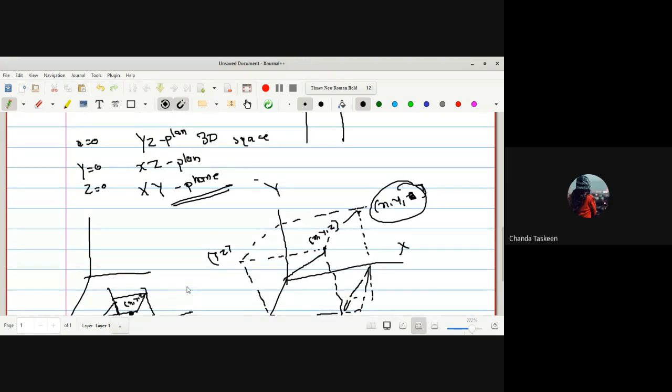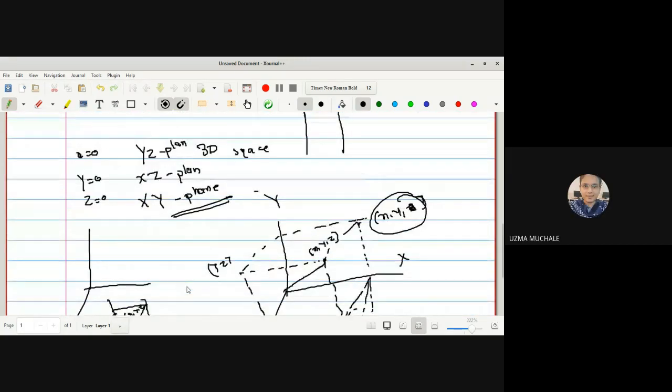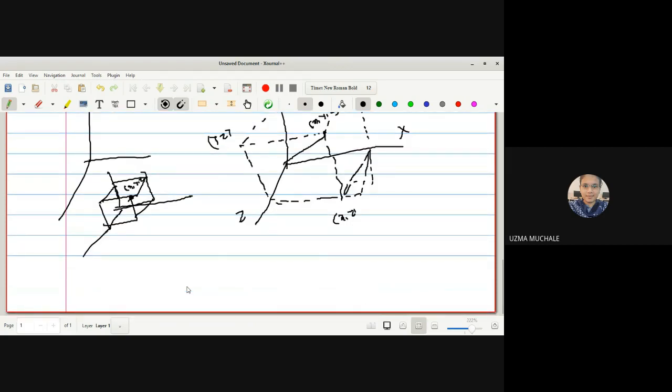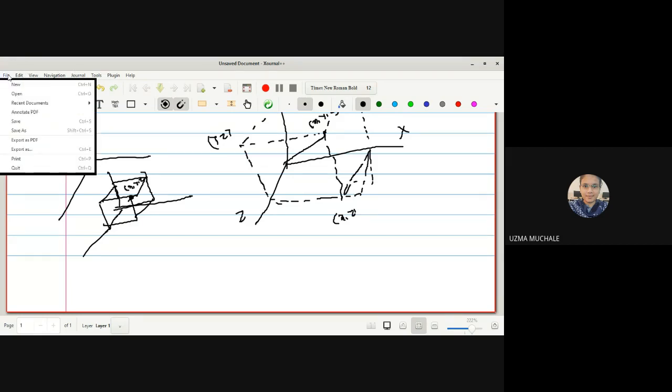Yes, ma'am. Okay, so we have started with x equal to 0, y equal to 0 and z equal to 0. This is nothing but the xy, yz and zx planes. Okay, now the next question which remains is the parametric equation of a line. Does anyone remember what a parametric equation of a line is?